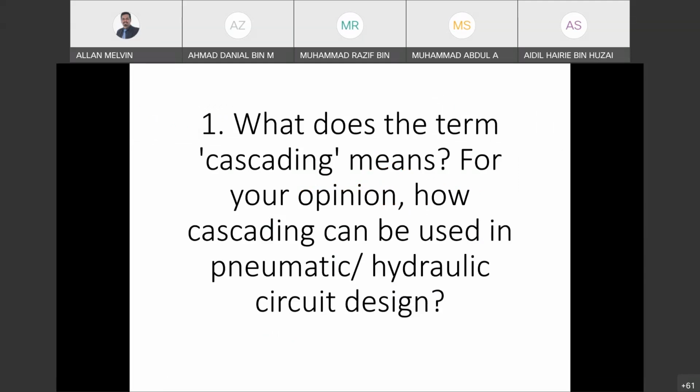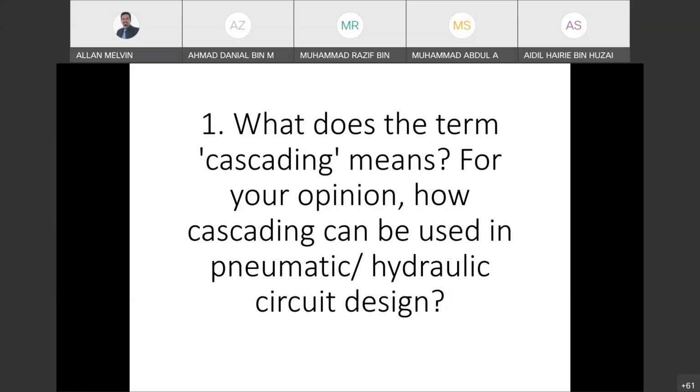What does the term cascading mean? Anyone? Who can try?